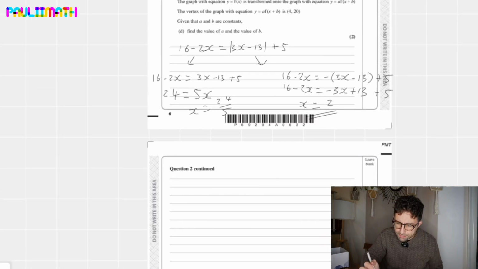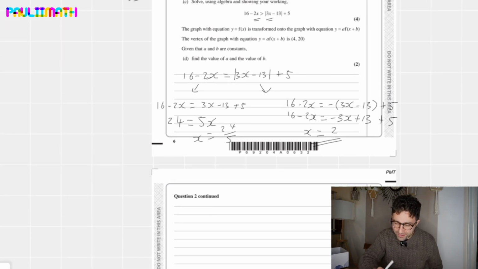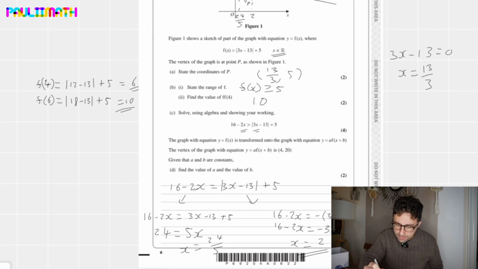It's just a solve when it's bigger. So x has got to be between 2 and 24 over 5, not equal to. I was just thinking 24 over 5 is a small number just because it's a fraction, tricked my brain there. Let me rub those out and swap them round: 2 and then 24 over 5.